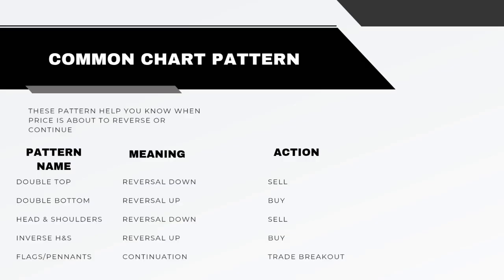It's reversal to the upside, where you have to buy. You have the head and shoulders, reversal downward, where you have to sell. Inverse head and shoulders, reversal up, where you want to buy, and flag, continuation of the trend breakout.